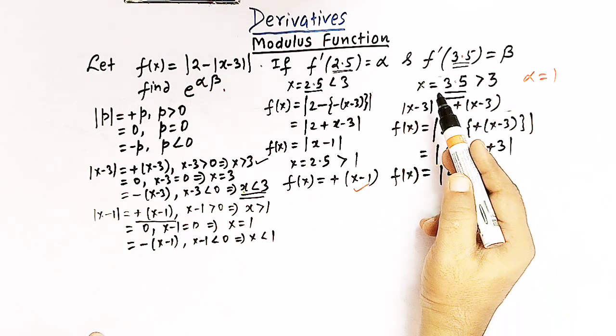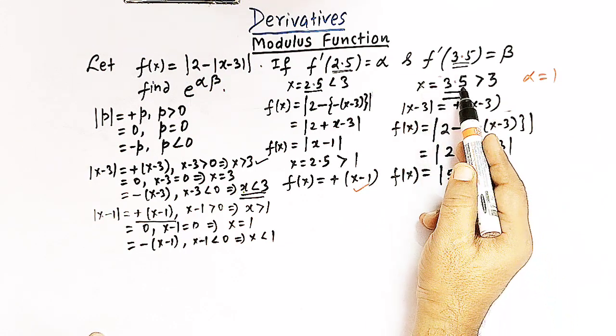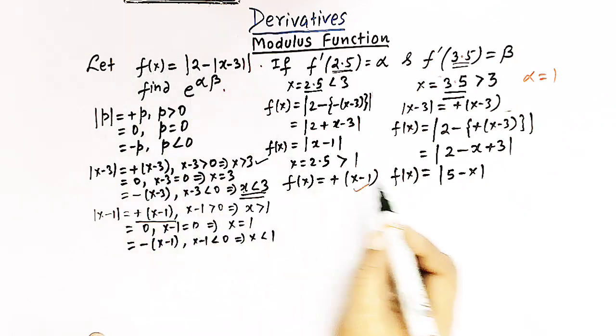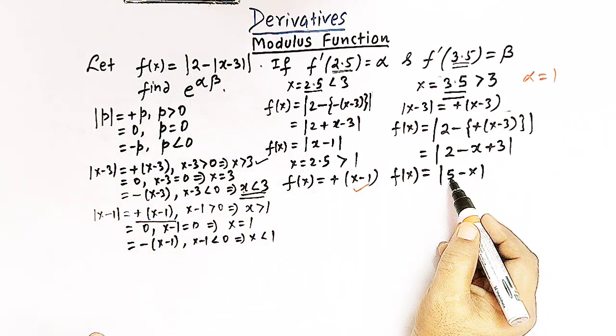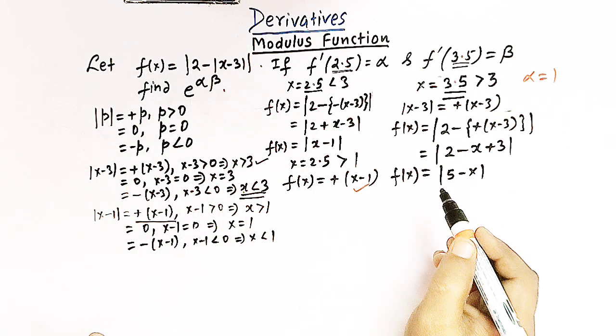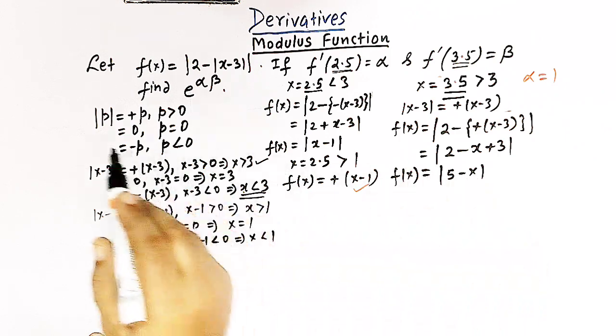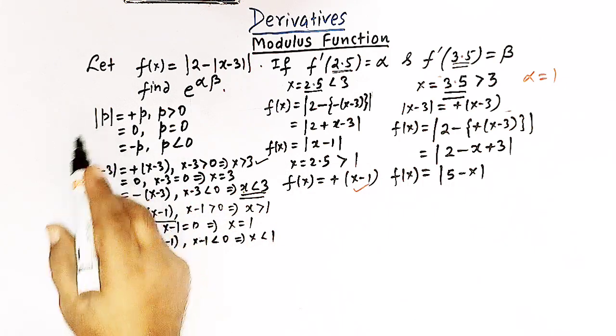So now in the neighborhood of x is equal to 3.5, f of x can now be written as mod of 5 minus x. Now let us define mod of 5 minus x with the help of this definition.